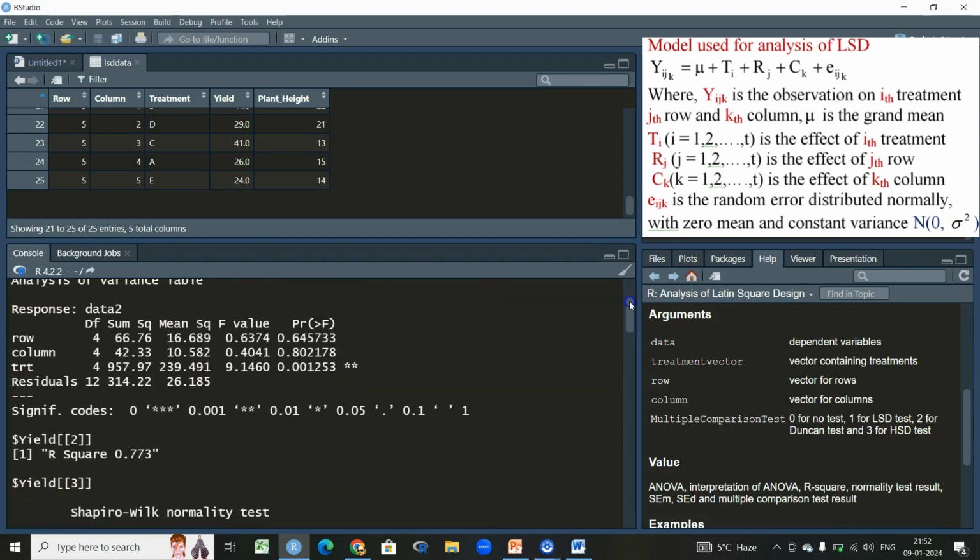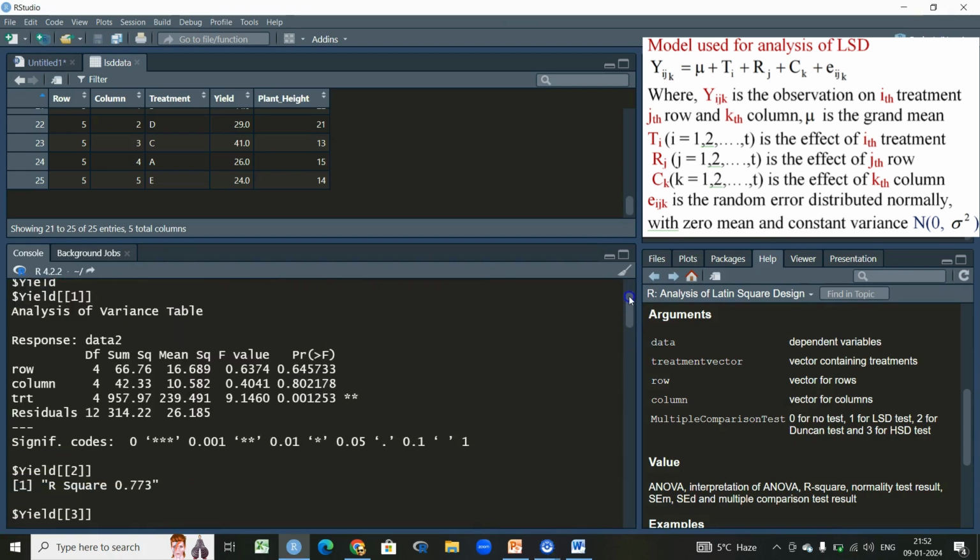In the analysis of variance, we have equal degrees of freedom for rows, columns, and treatments, because in a Latin square design the rows, treatments, and columns are equal in number: t minus 1 each. So 5 minus 1 is 4. The residual error degrees of freedom is t minus 1 into t minus 2, that is 5 minus 1 into 5 minus 2, which is 4 into 3, that is 12.